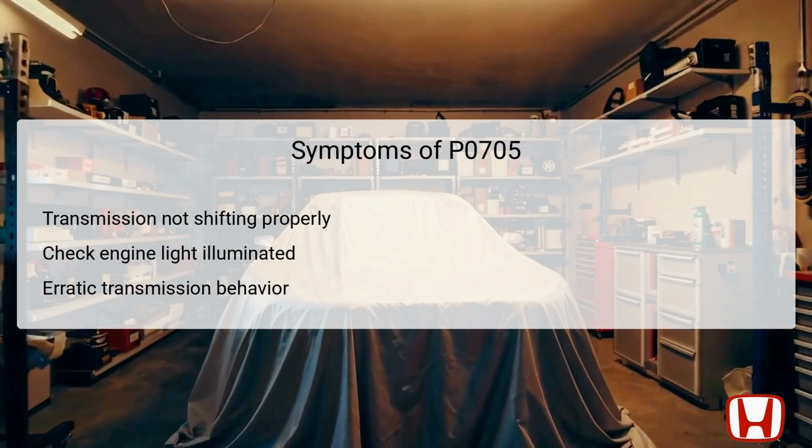Additionally, you can expect the check engine light to illuminate on the dashboard, indicating that there is a malfunction detected by the vehicle's onboard diagnostic system. Any malfunctions with the transmission range switch can affect the vehicle's performance in unpredictable ways. Therefore, keen observation of these symptoms can assist technicians in diagnosing the underlying issues before they escalate.